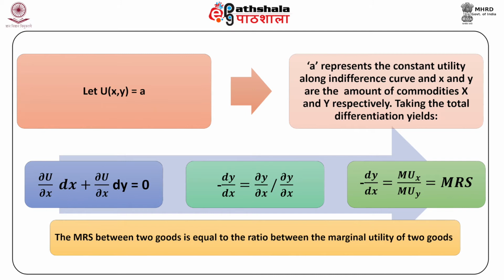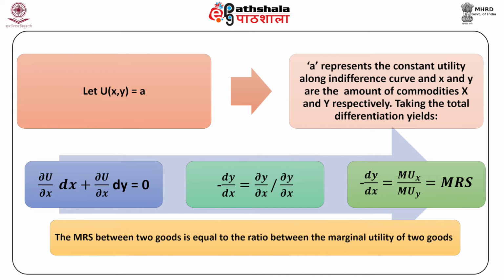Delta u upon delta x and delta u upon delta y are marginal utilities of goods x and y respectively. Thus, minus dy upon dx is equal to marginal utility of x divided by marginal utility of y, which is equal to the marginal rate of substitution between x and y.